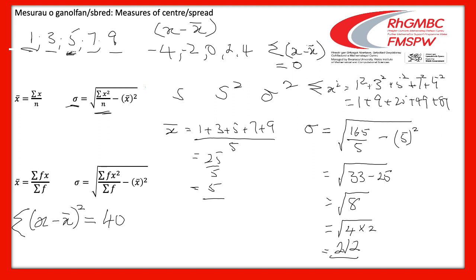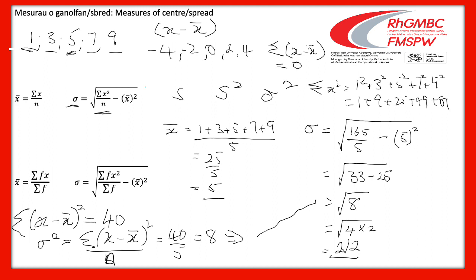My sigma squared, which is my variance, is going to be the sum of the deviations from the mean squared divided on average by the 5 that I've got. So I've got 40 over 5, which gives me 8.